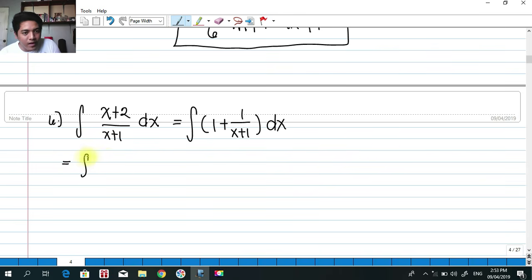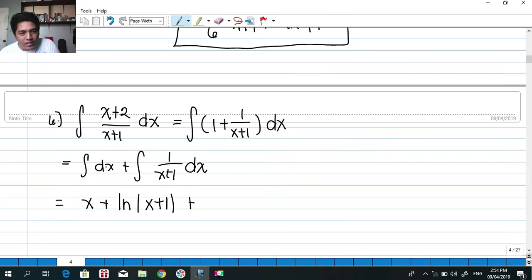So we have the integral of 1 dx, that is simply x, plus the integral of 1 over x plus 1 dx, which is simply the ln of the absolute value of x plus 1, plus c, the constant. So what happened here?